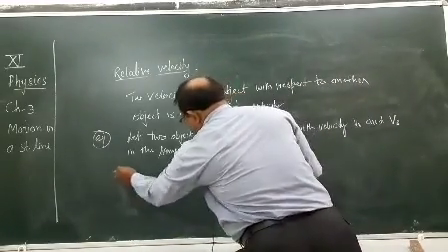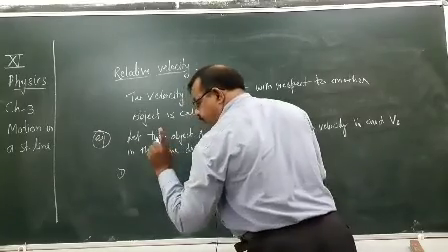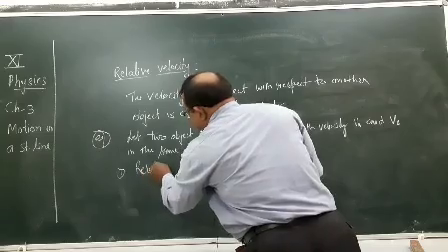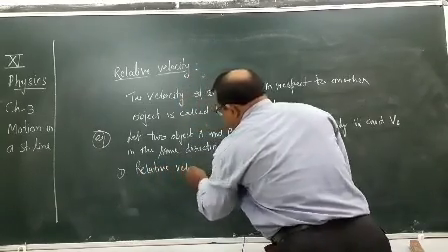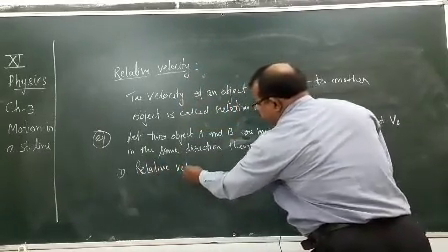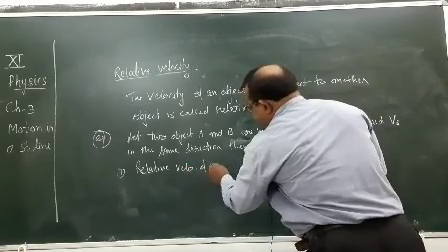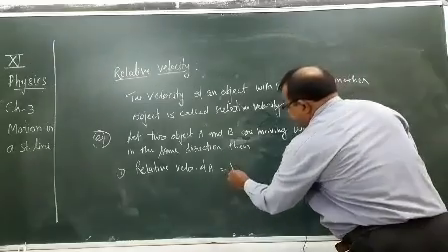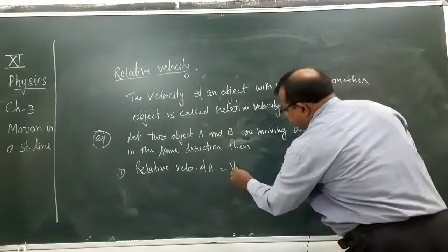Then the relative velocity of object A is written as VAB.